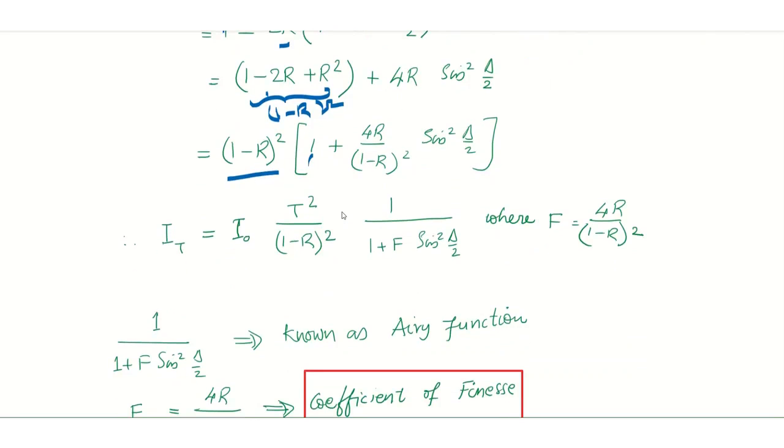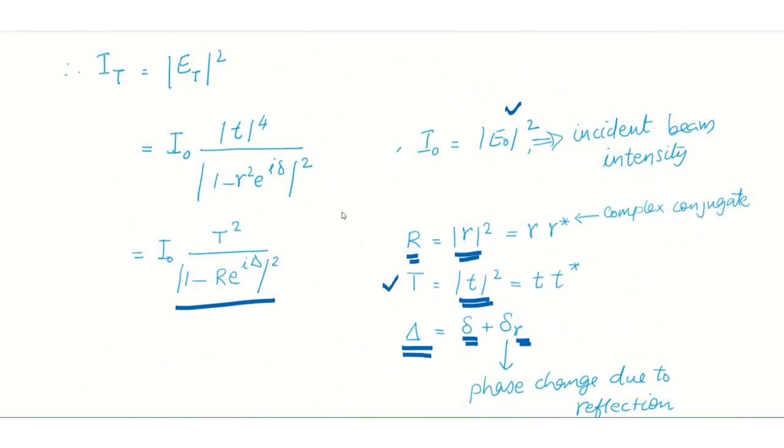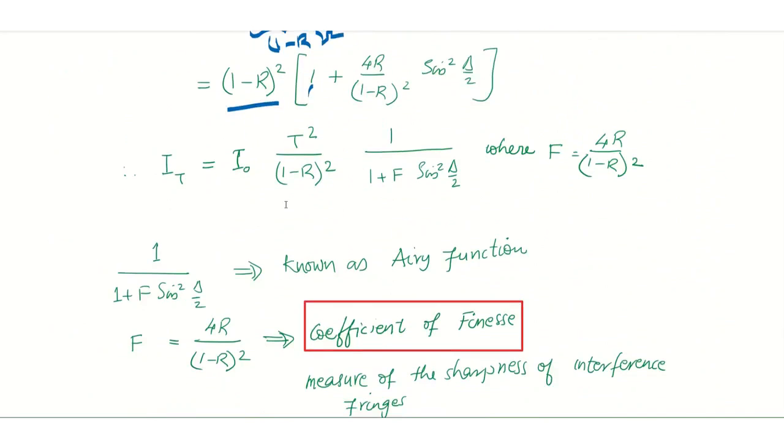You substitute it in this equation here, and what you get is I equals I0 t square divided by 1 minus r square, times 1 over 1 plus f sine square delta by 2, where I have used an abbreviation f for this quantity. This is f.